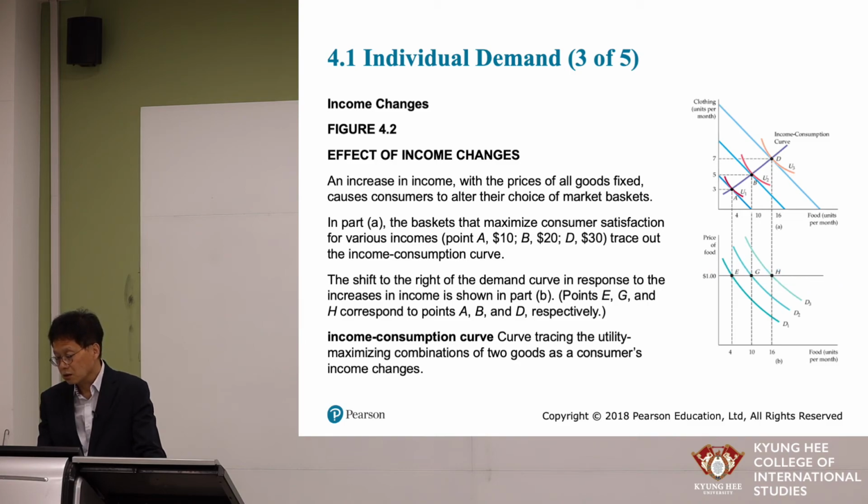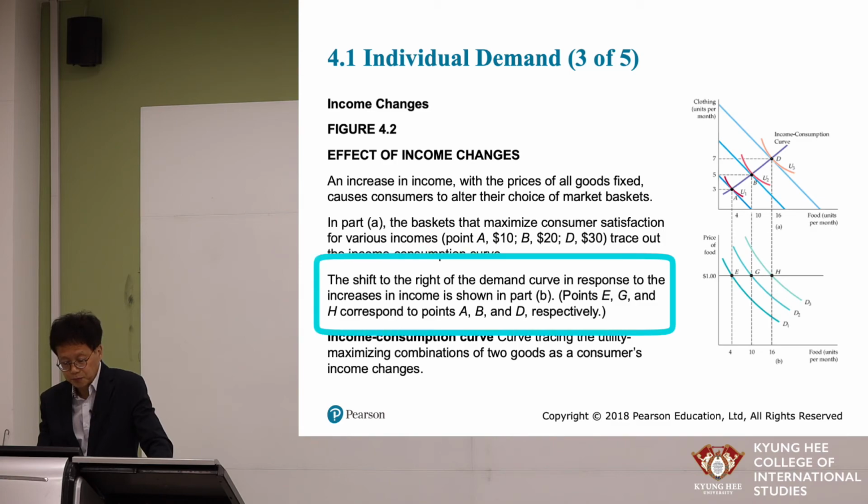So the price of food is every time $1. But income increases, right? Then this one and this one and this one. Point E is in a one-to-one relationship with point A. G is related with point B. Point H is in a one-to-one relationship with point D. But the Y variable is food, so a horizontal demand curve, right? That is explained here.